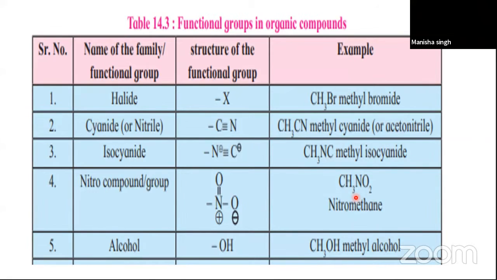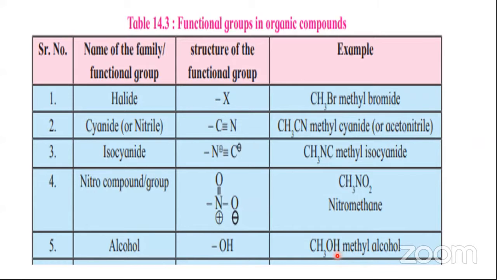Now the next one is alcohol. In alcohol, the OH group is there. Then the example is methyl alcohol. When the OH group is attached to methyl, it is methyl alcohol. Next slide, please.